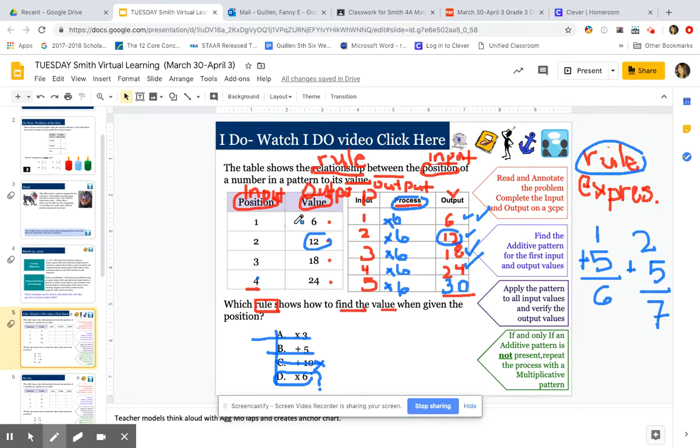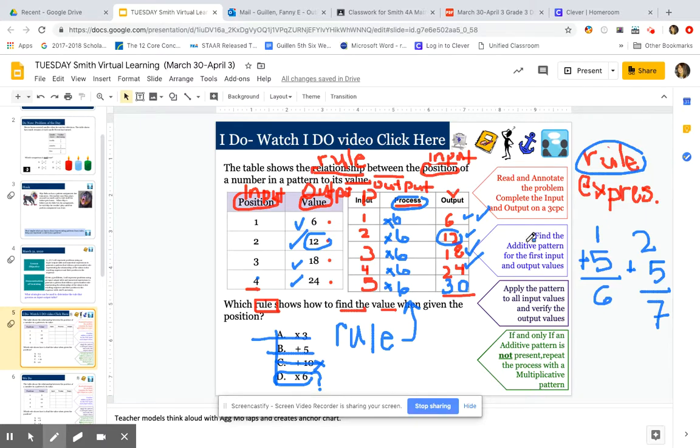So 1 times 6 equals 6, yes. 2 times 6 equals 12, yes. 3 times 6 equals 18, yes. 4 times 6 equals 24, yes. So I know that my rule to go from position to value is times 6.